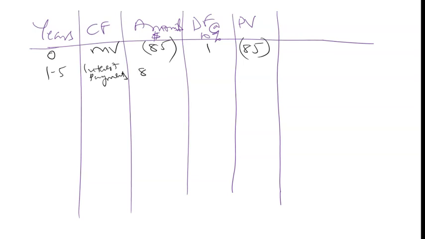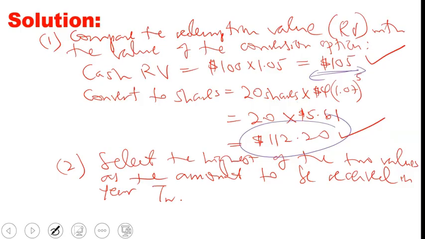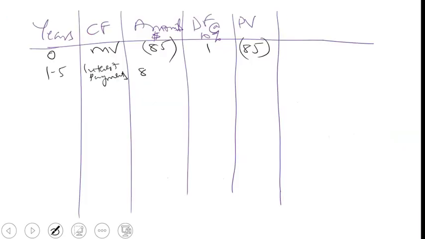All right. However, we need to adjust for the tax because we are given the tax rate, and you can't afford to ignore the tax rate in the exam. So we need to adjust by multiplying by 1 minus t, that is 0.7.